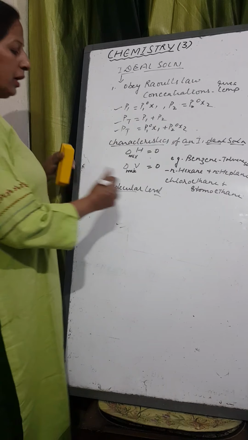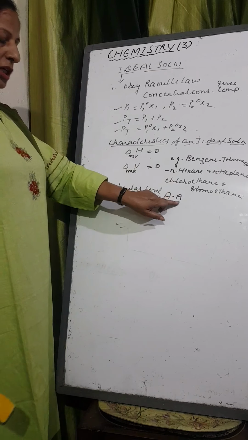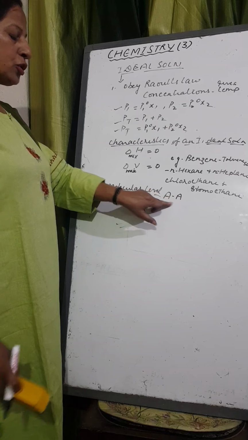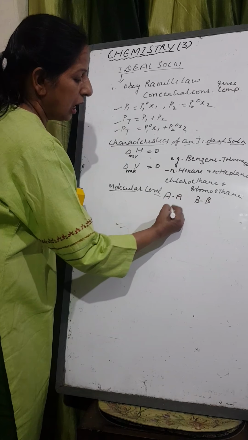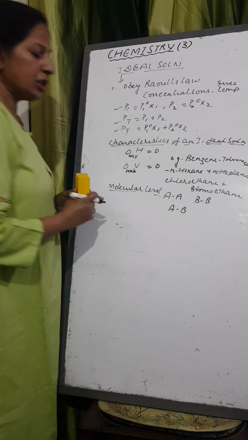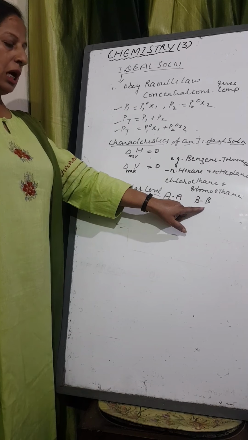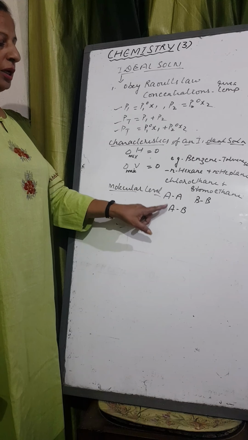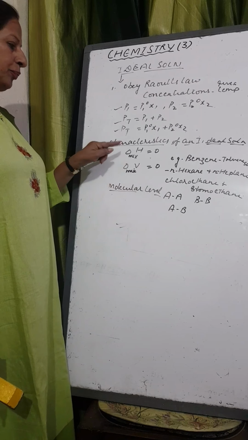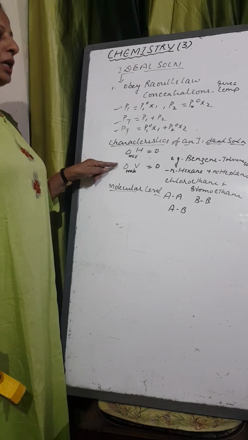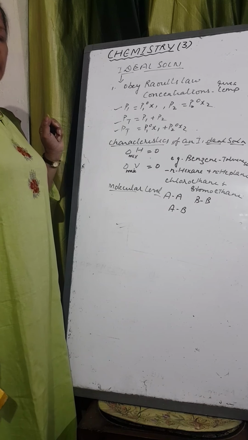At the molecular level, the AA type of interactions, that is the interactions between the molecules of the first liquid, and the BB type of interactions are similar to the interactions formed when the solution is formed. So these interactions are of the same order as the new interaction, and this is the reason that this equals 0 and this also equals 0. So these are ideal solutions.